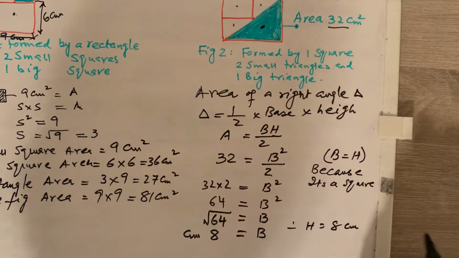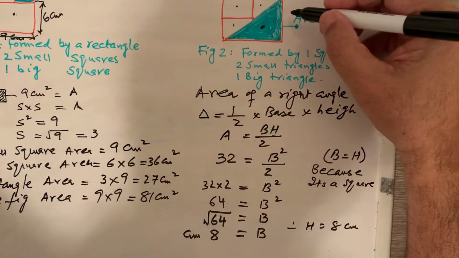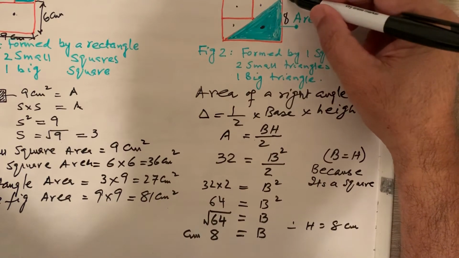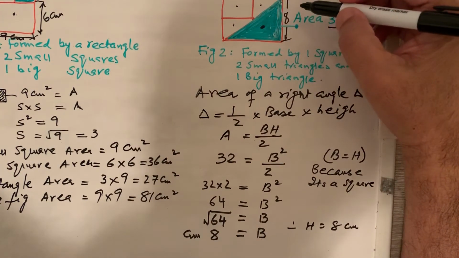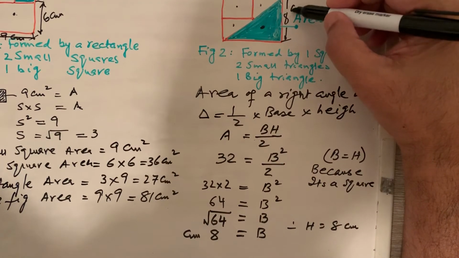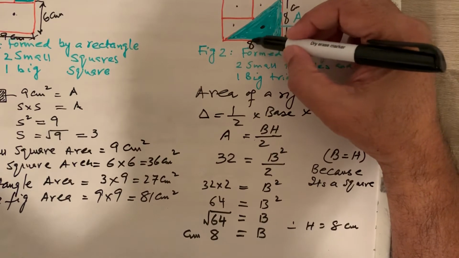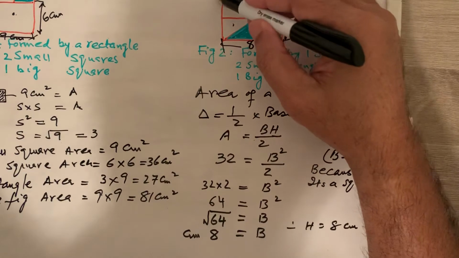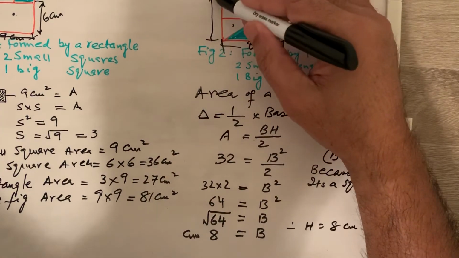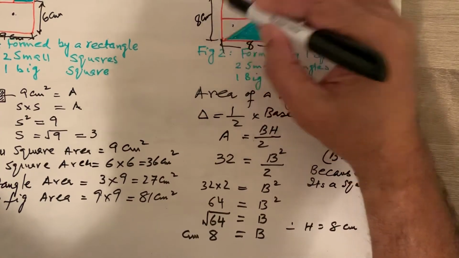So B and H are the same, right? Now I have to put in the dimensions, because the question says to find each dimension of each shape. So this is 8 centimeters. This is also 8 centimeters, right? This is also 8 centimeters. So in a square, every side is equal.